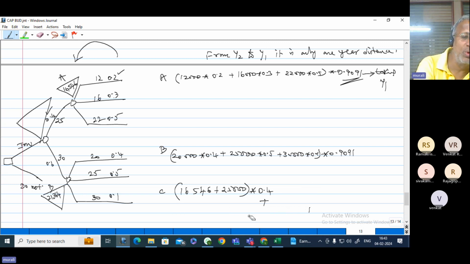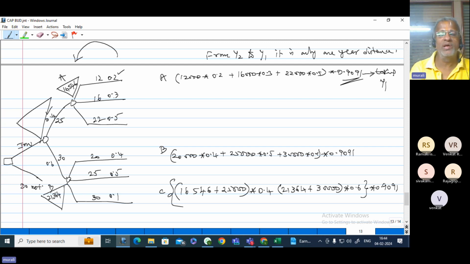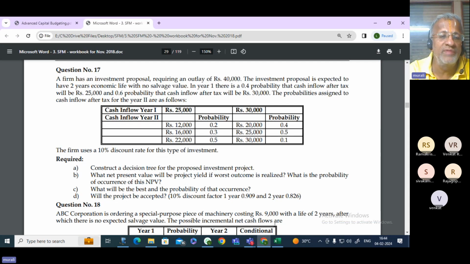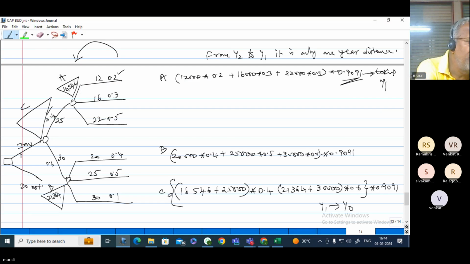You sum up these two: 21,364 plus 30,000 into 0.6, multiplied by 0.9091. Now you are bringing it from year number 1 to year number 0. Please bring me this number. Come on. Investing will be costing you 40,000.